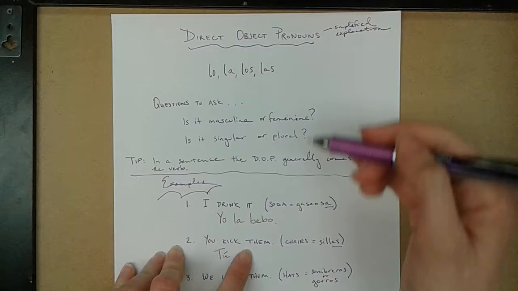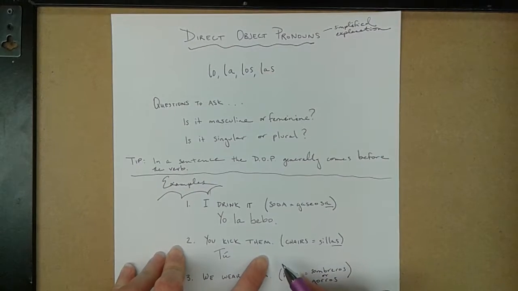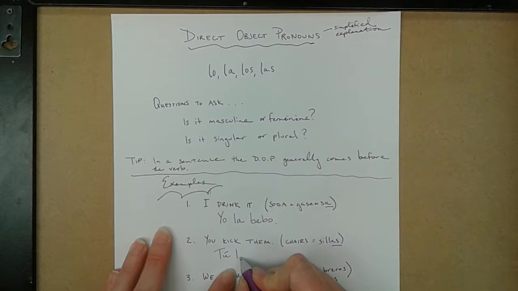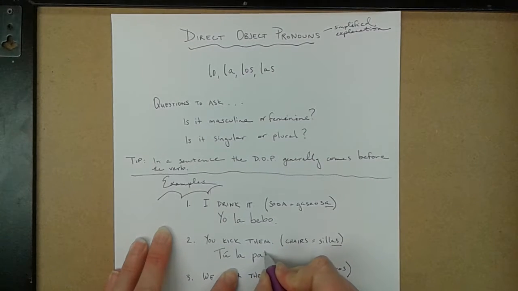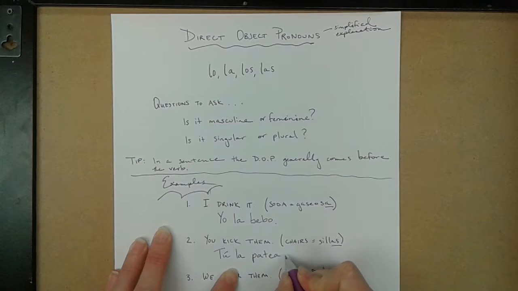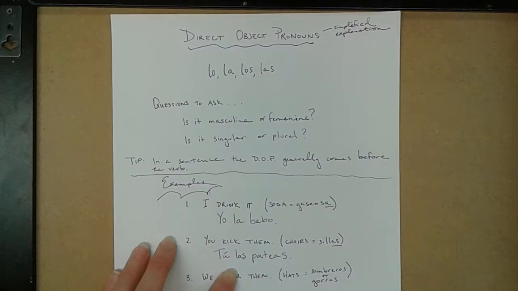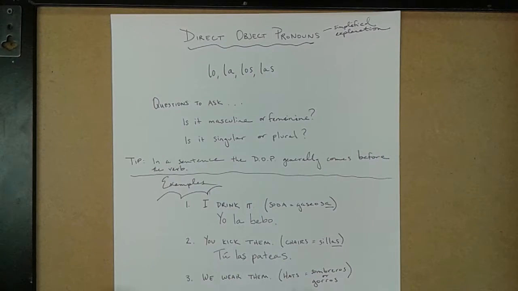And now we're going to put our pronoun first before the verb, as we see in our tip up here. Tú las pateas. Oh, I forgot my S. Tú las pateas. You kick them.